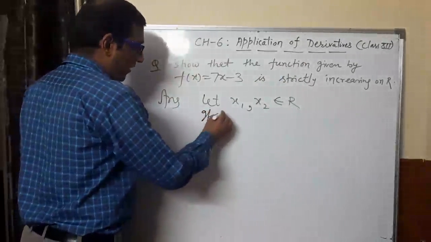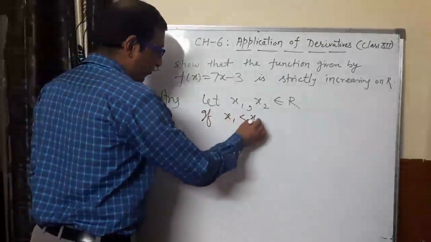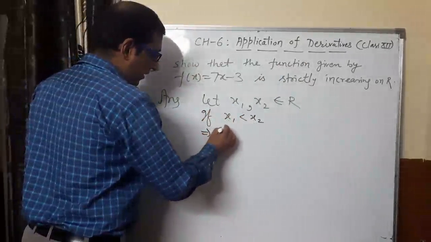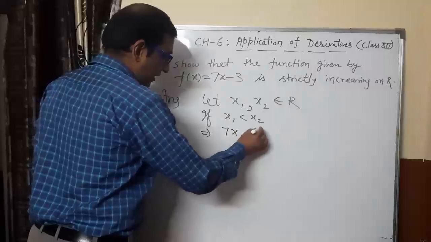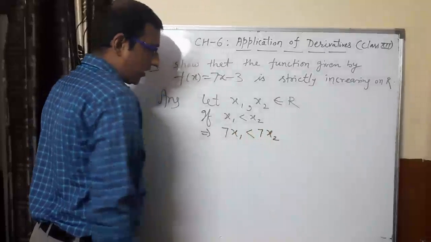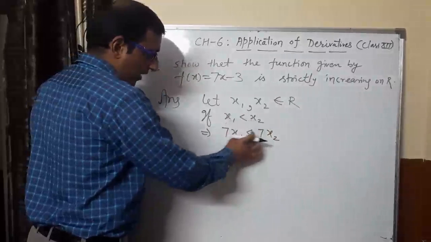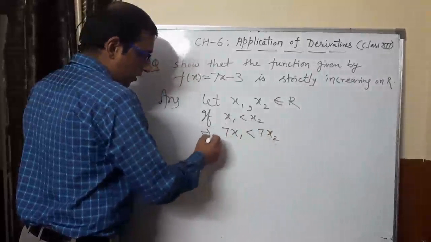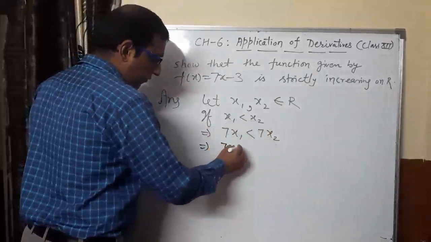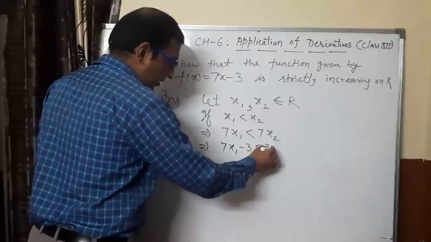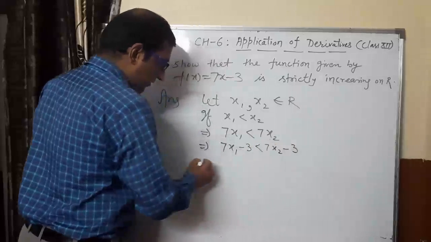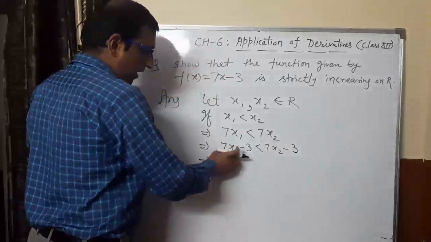So if x1 is less than x2, then we can say 7x1 is also less than 7x2. We will multiply both sides by 7. Now we will subtract 3 from both sides. So it can be written as 7x1 minus 3 is less than 7x2 minus 3.